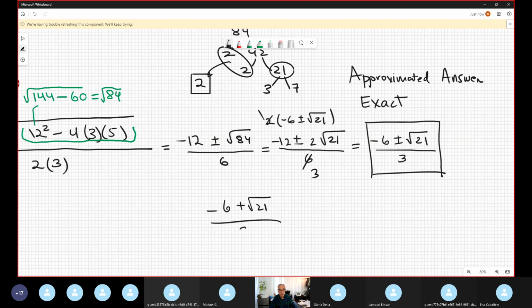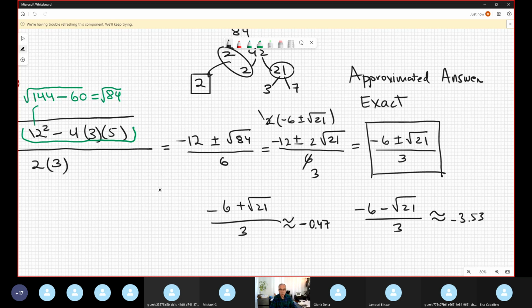And I put in the calculator minus 6 minus 21 divided by 3, no? And this is approximately minus 0.47. This symbol indicates it's not an exact solution, it's an approximation. But to understand much better, I compute that, it is minus 3.53.